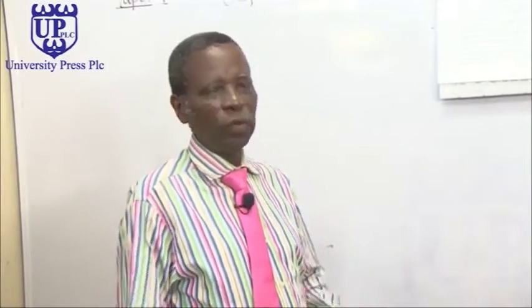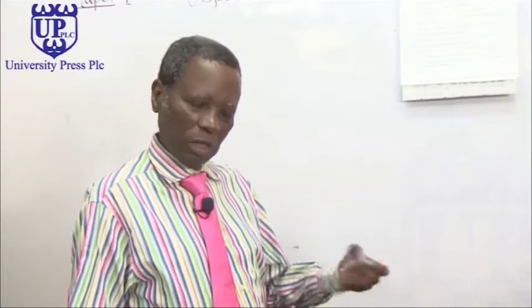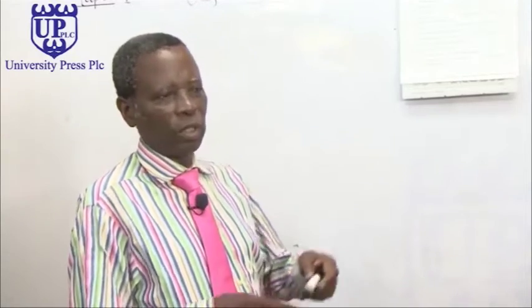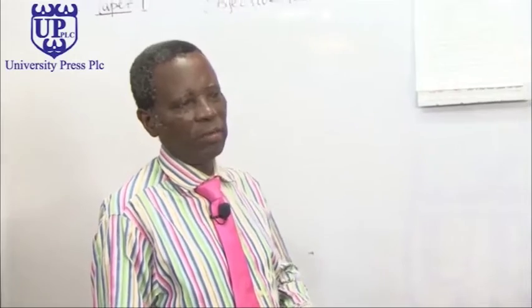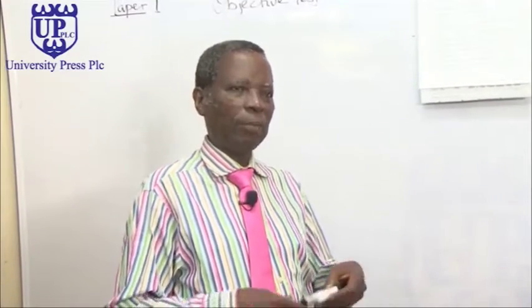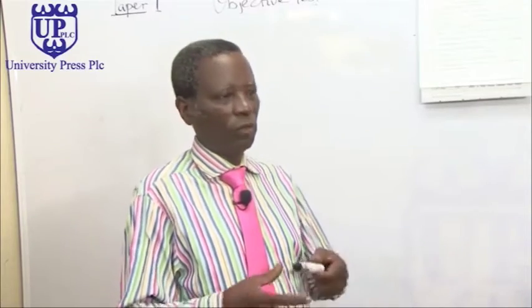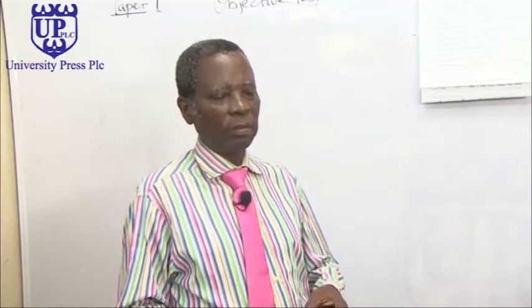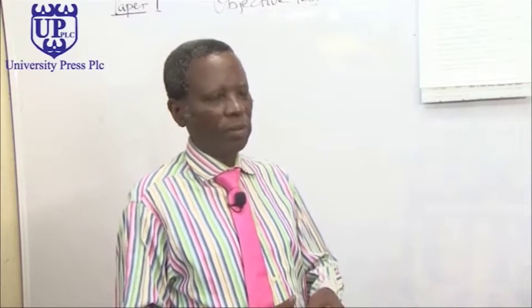Okay, we're looking at the objective test. Remember we said that they are in 6 sections. Section 1 deals with words opposite in meaning, or antonyms, and we did say that the antonym of a word depends on the context. Section 2 deals with words that are appropriate, words that are suitable for the context. Section 3 deals with the interpretation of idioms.